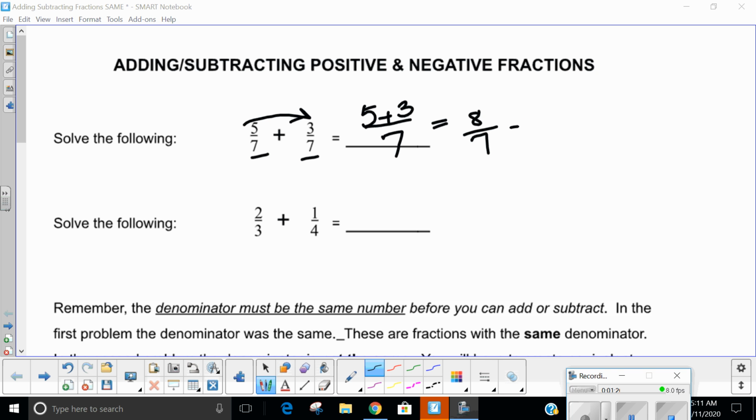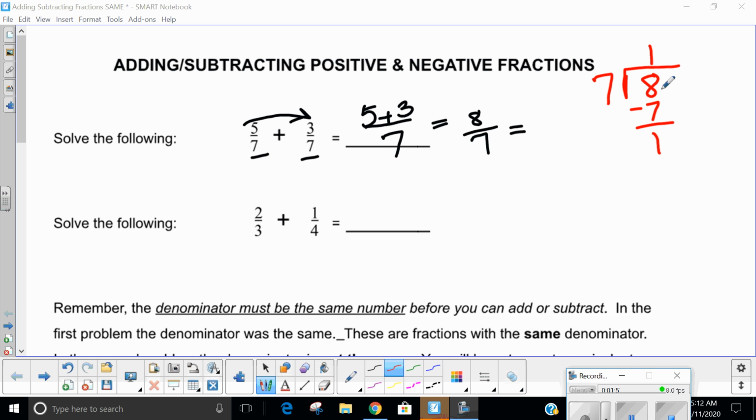Now we have to do one more step though, because this is an improper fraction. That means the numerator is larger than the denominator. What we have to do is actually divide. So remember, fractions are little mini division problems, so we want to divide. We're going to say 8 divided by 7. Remember, the top number stays inside the house. So 7 goes into 8 one time, and I'm going to take away the 7, and that leaves me with 1.